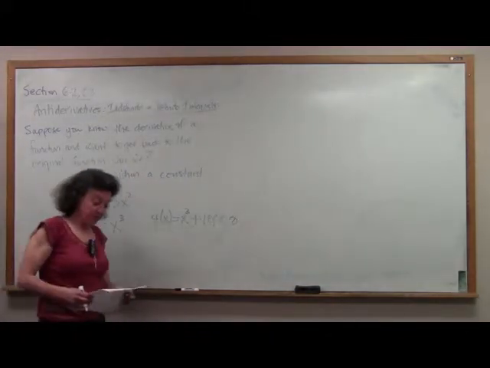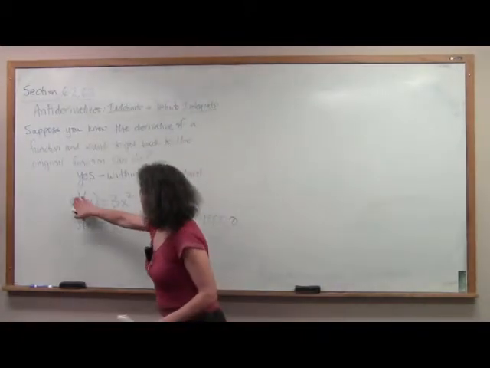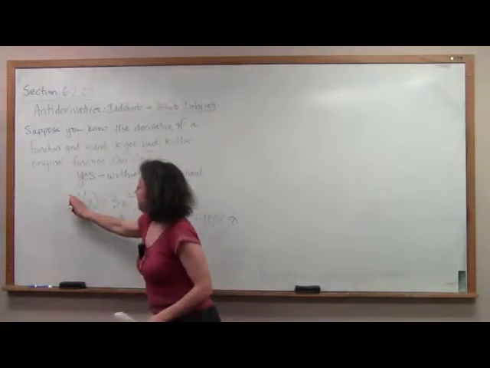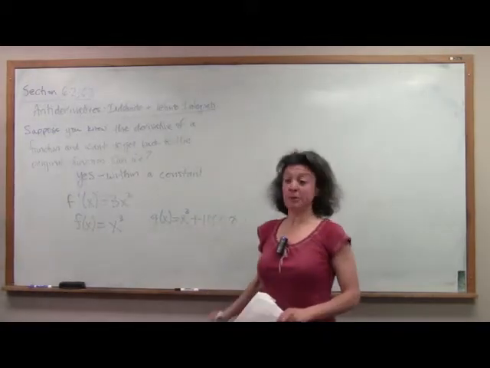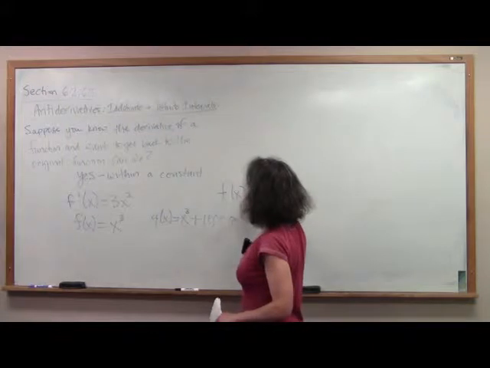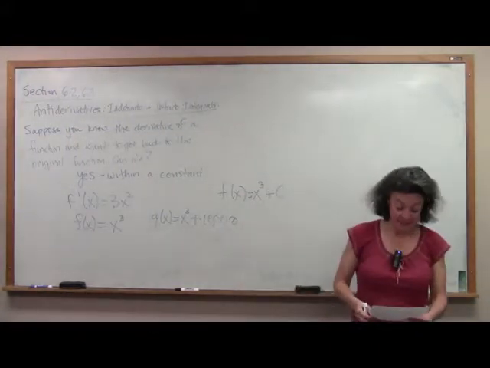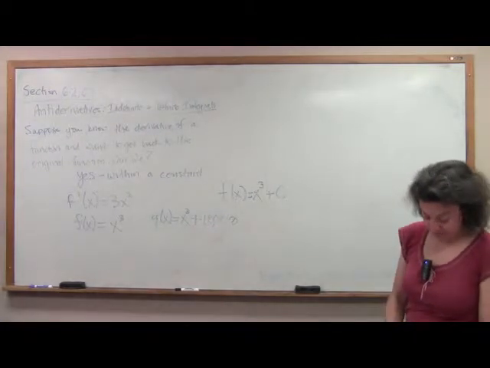So the answer is yes, we can, within a constant. In fact, the best we can say if we're given the derivative to be 3x squared is that our original function f of x is x cubed plus c, where c is some constant.